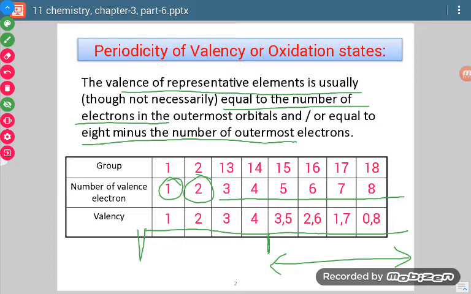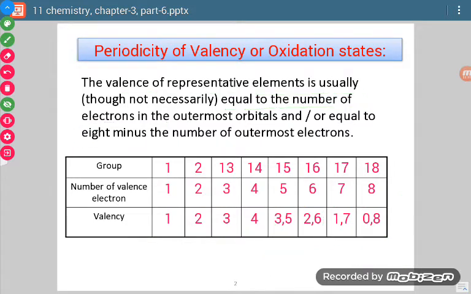So the group 15 elements may show two types of valencies, 3 and 5. Group 16 elements can also show 2 and 6. Group 17 elements can also show 1 and 7. Group 18 elements can also show 0 and 8. So this is on the basis of number of valence electrons.